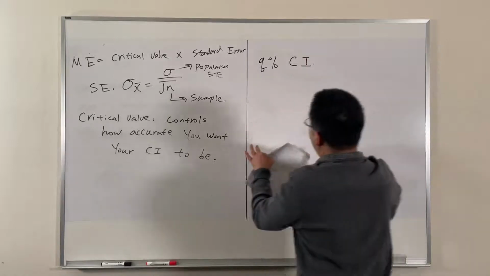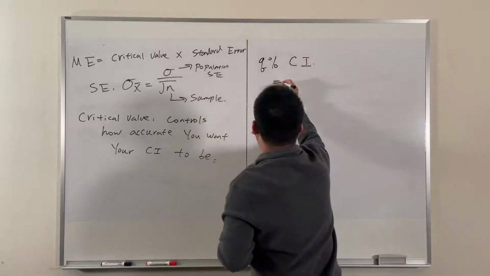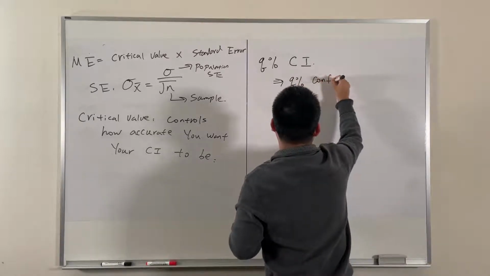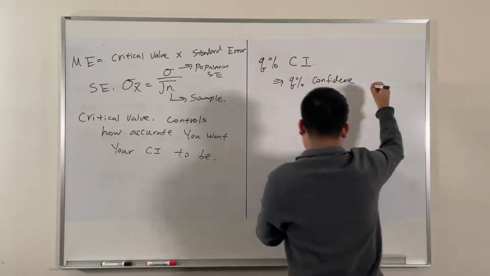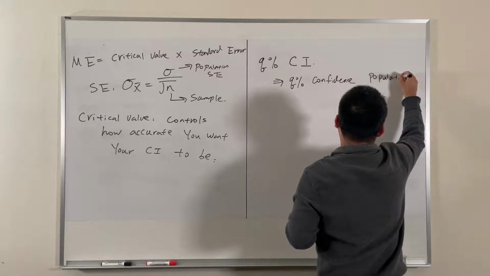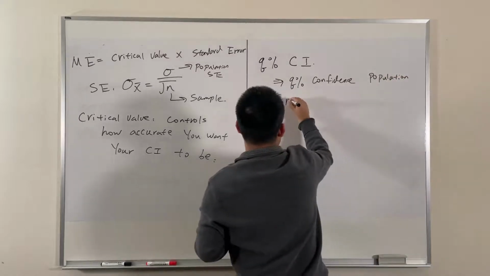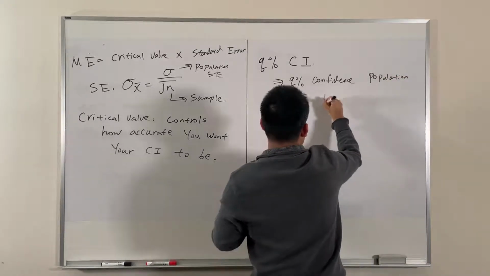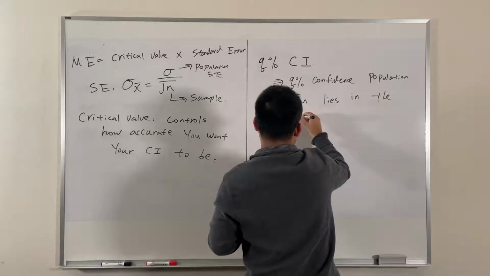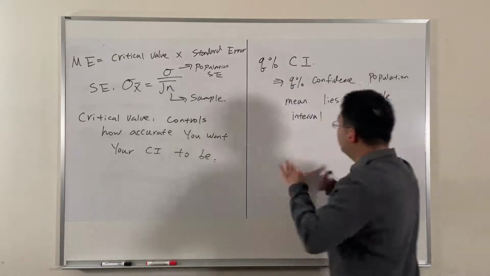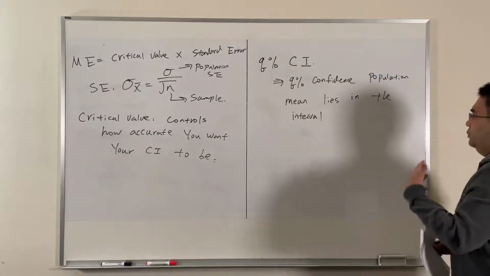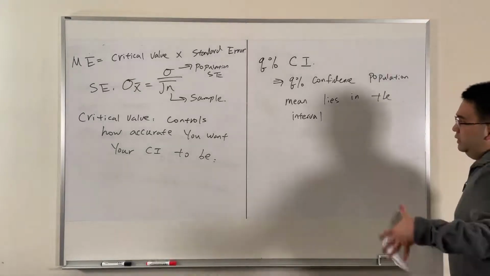A Q percent confidence interval means that you are Q percent confident that the population mean lies in the interval, or inside this range.